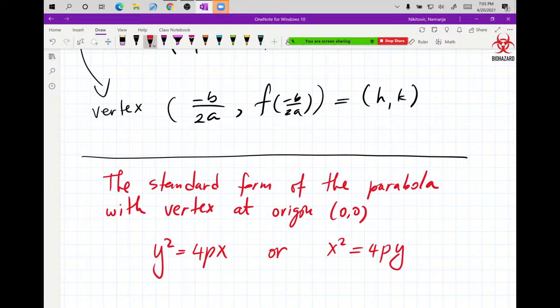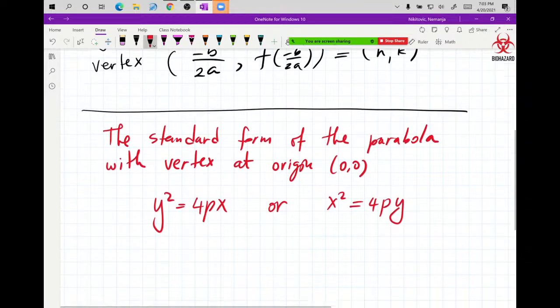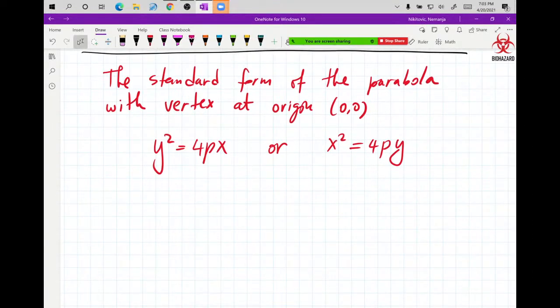So yes, yet another way to write good old x squared. But there are some advantages to writing it this way.